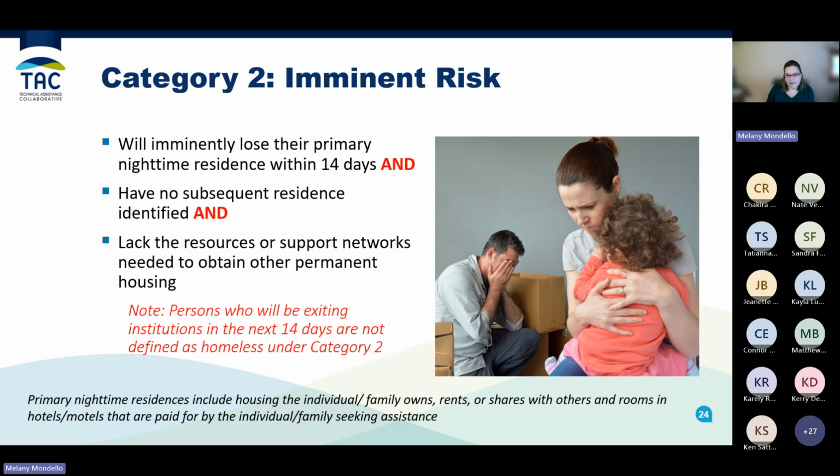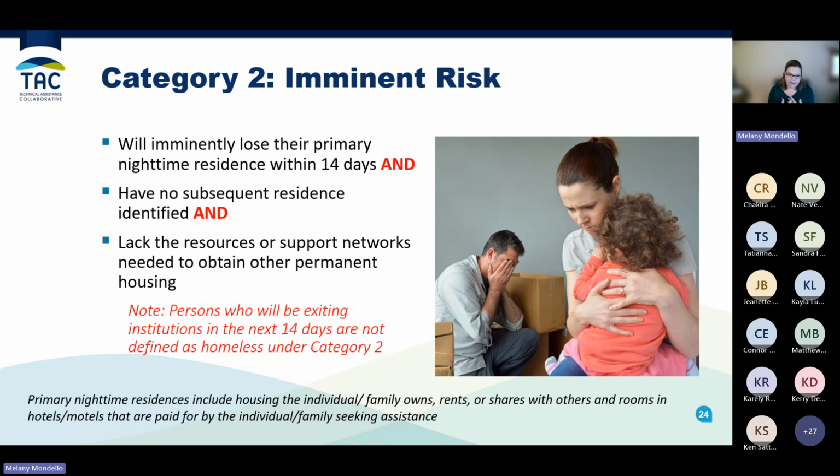I put a little note here at the bottom about what that includes. It includes, like I said, places that you're renting where maybe you've been given a notice, you have to leave, you're sharing with other people. It also includes, or can include, hotels and motels that you're paying for with your own funds.